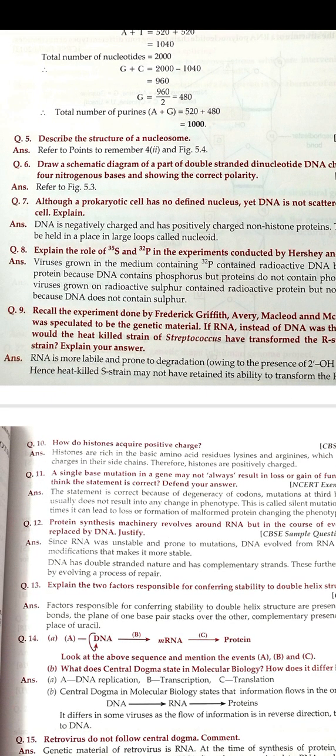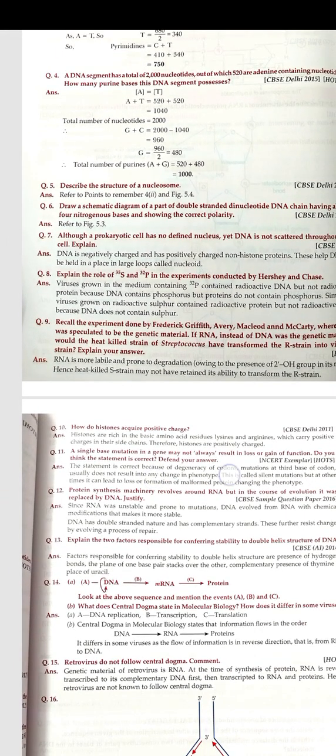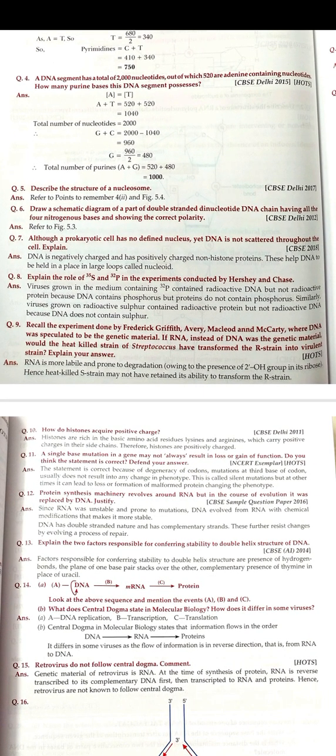Explain the answer. Here, RNA is more labile and prone to degradation owing to the presence of the 2-hydroxyl group in its ribose. Hence, heat-killed S strain may not have retained its ability to transform the R strain.